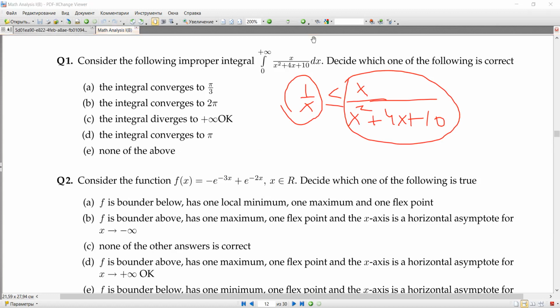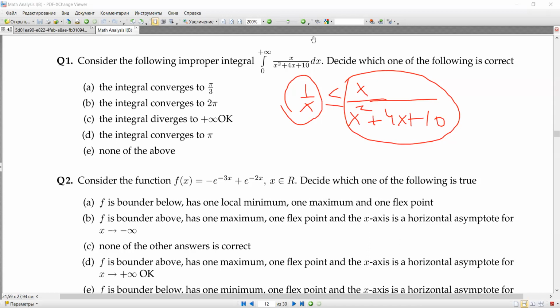Yes. And how to show here the comparison of 1 over x with this one? Just by ratings, for example, starting from 10 and so on. Yeah, like the extra elements. Yes, we can prove it very easily.